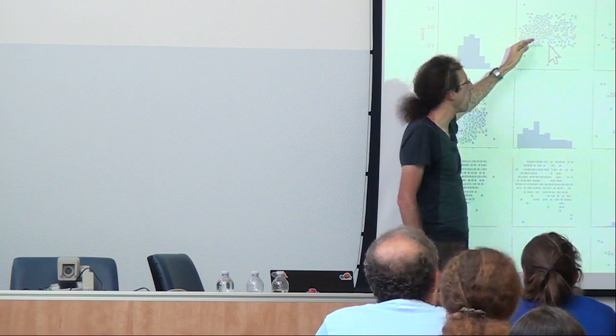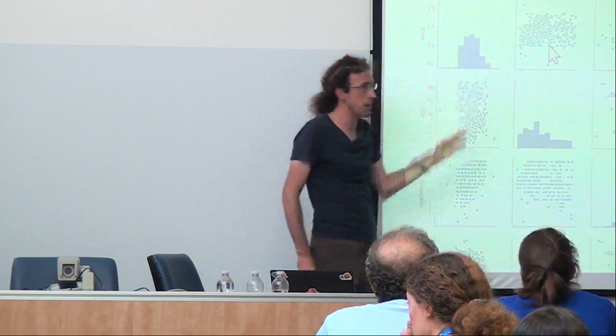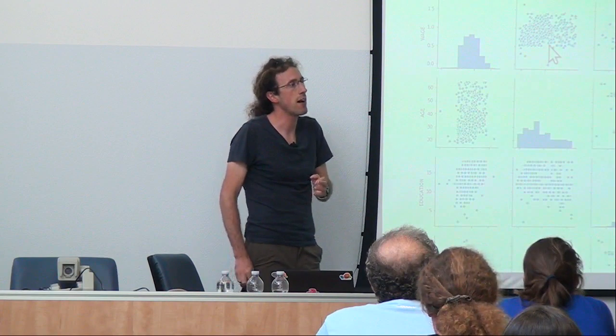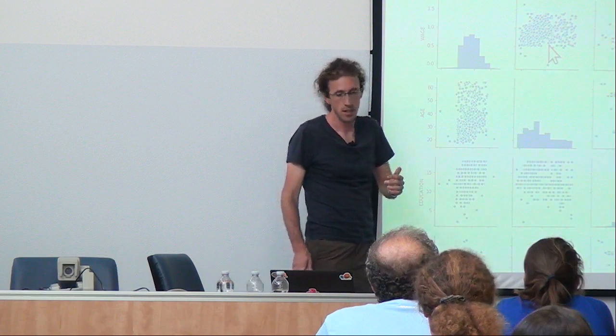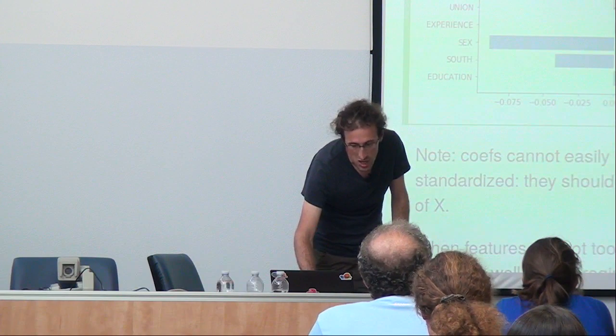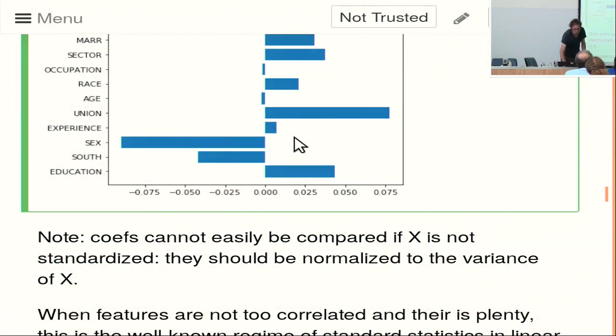Okay? But what we're seeing is that conditionally on experience, then it doesn't go up with age. And we're seeing it from here. We're seeing that age doesn't have a large impact, but experience has a larger impact. And the variance of these things are going to be approximately the same. Okay? So we cannot say that age is unrelated to wage. This would be wrong. But we can say that conditionally on experience, age is related to wage. Okay?